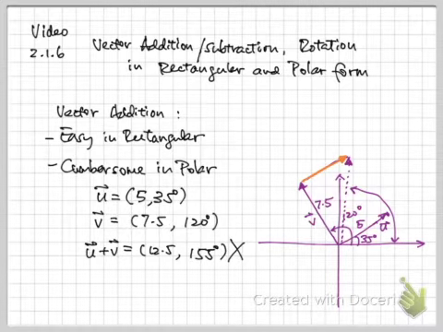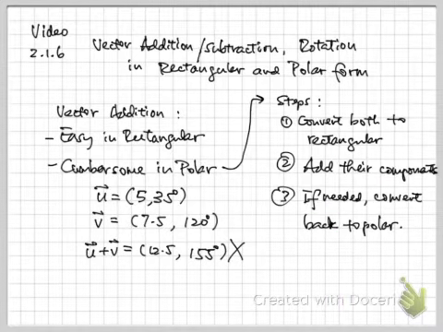So how are we going to go about doing that? When you're adding vectors in polar, you first have to convert them to rectangular form. Here are the steps. Step 1 is you need to convert both vectors, u and v, to rectangular representation. There's an earlier video on how to convert from rectangular to polar and polar to rectangular.